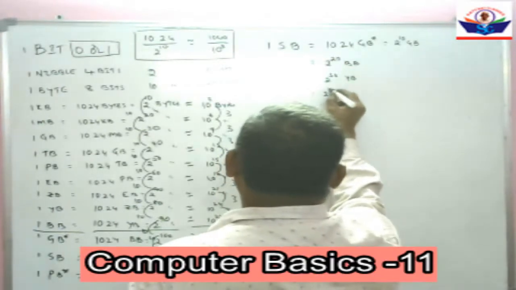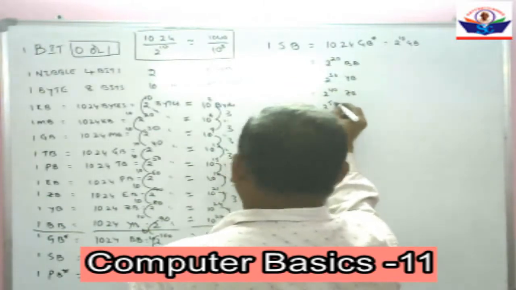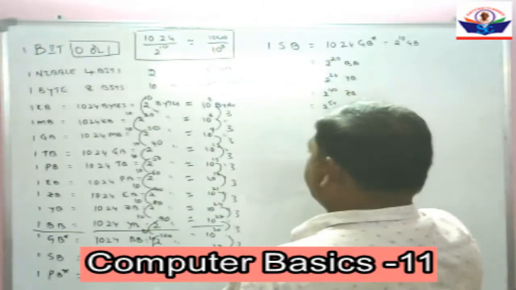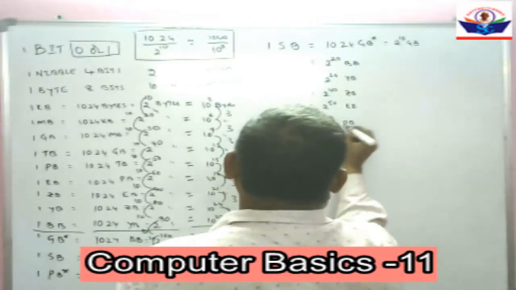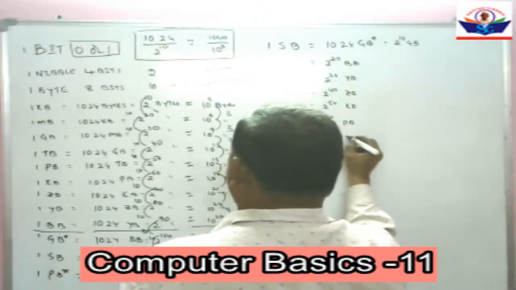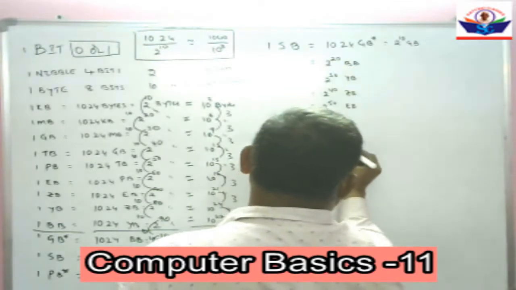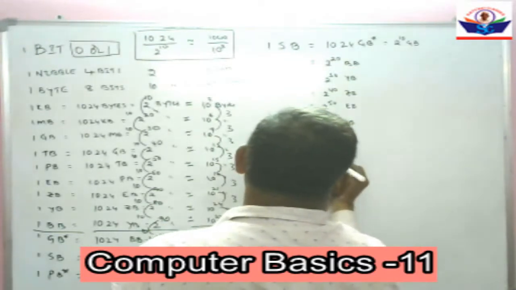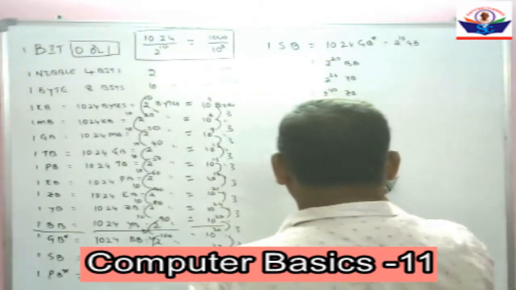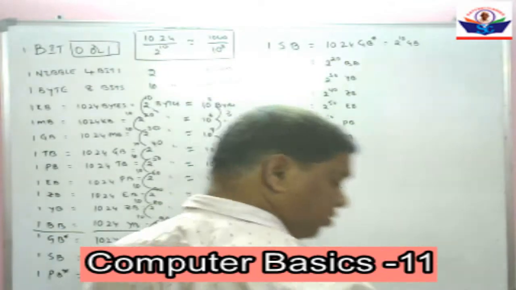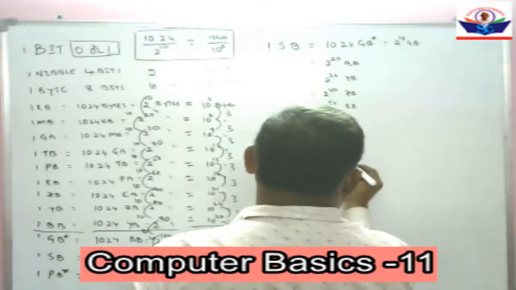That is equal to 2 to the power of 40 zettabyte. That is equal to 2 to the power of 50 exabyte. That is equal to 2 to the power of 60 petabyte. That is equal to 2 to the power of 70 terabyte. 2 to the power of 80 gigabyte. 2 to the power of 90 megabyte.